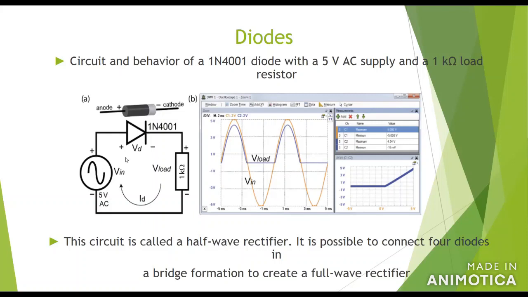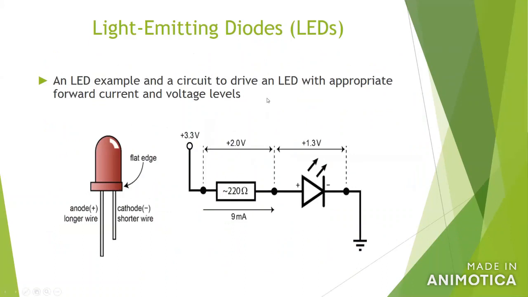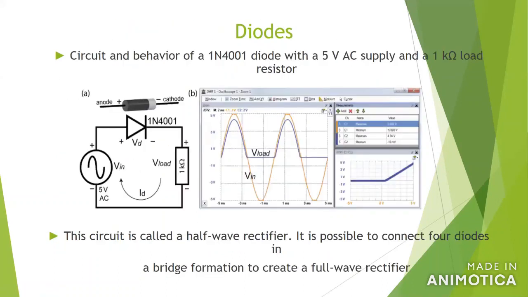Think about why the voltage on your wall plug is AC voltage, but most of your devices need DC voltage to drive them. So how do you change an AC voltage into DC voltage?